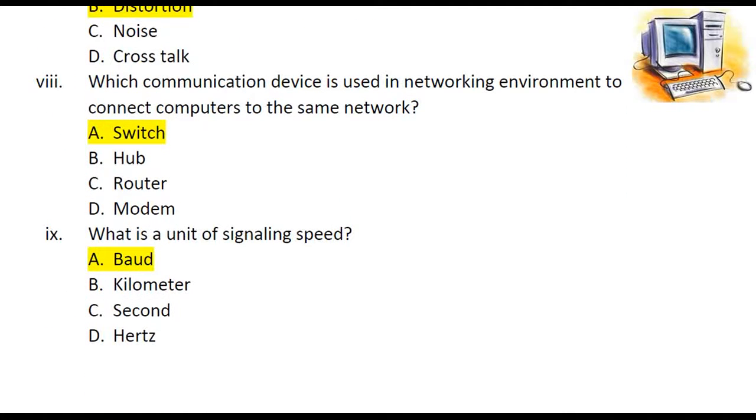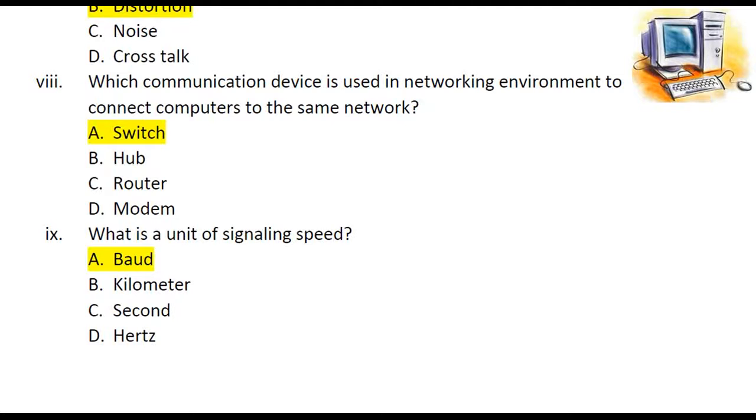Eighth MCQ says: which communication device is used in a networking environment to connect computers to the same network? That is called a switch. A switch is normally called a layer 2 device, or a MAC layer device, and it enables us to connect with the same network.